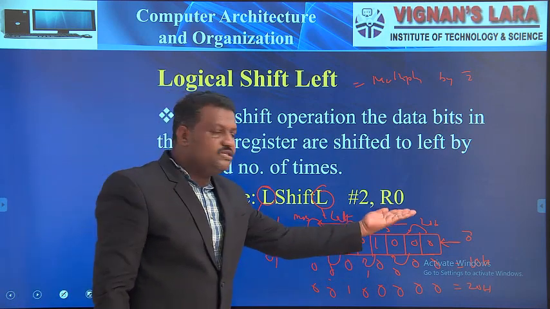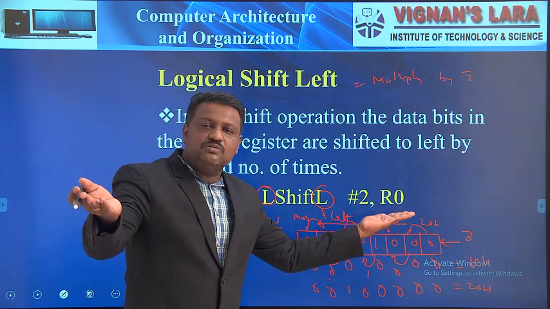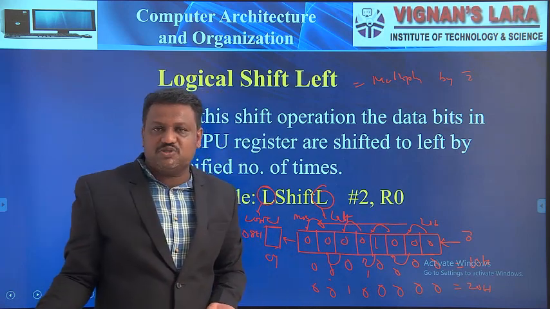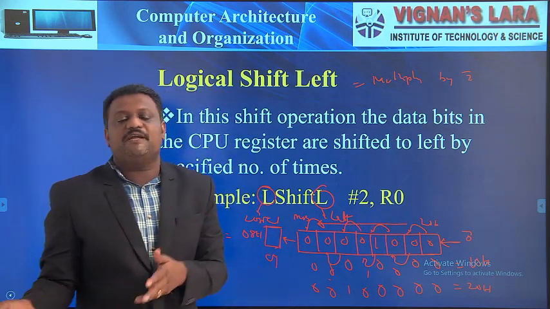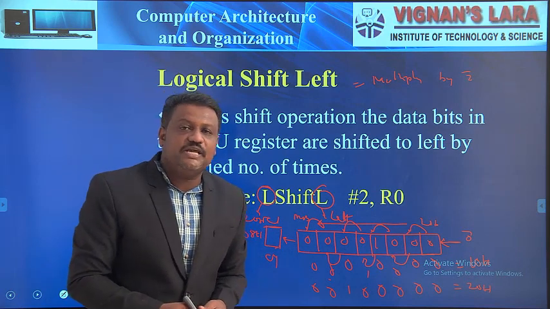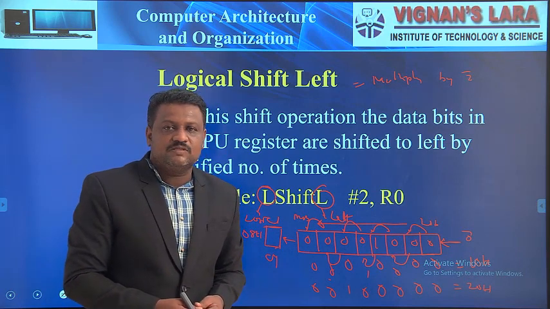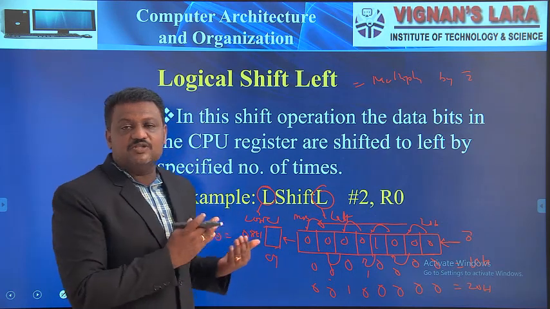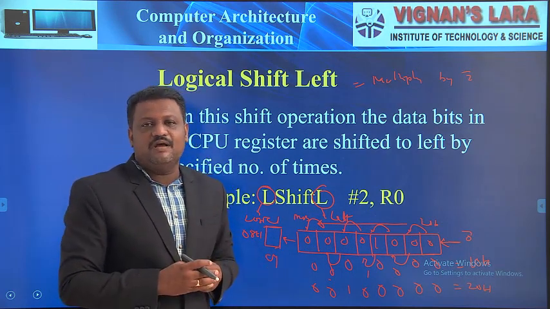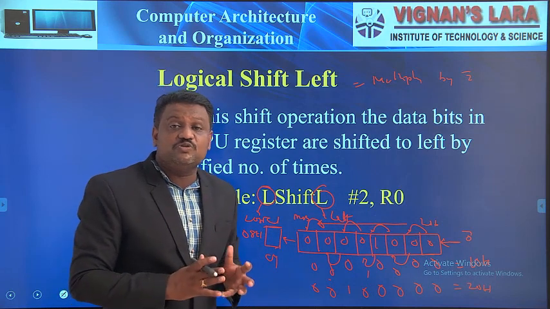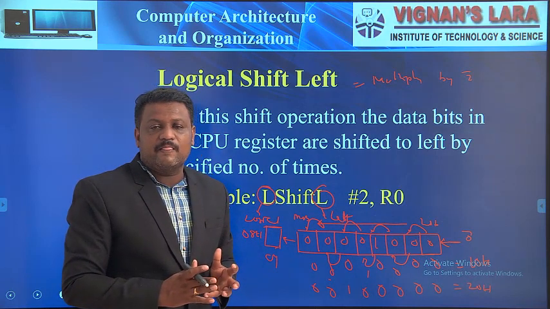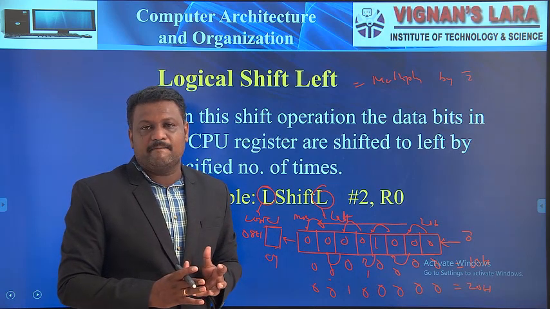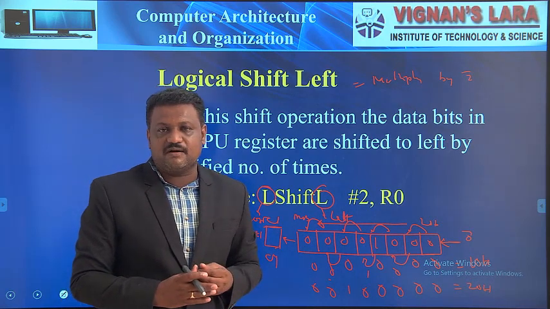Because initially 08H, that is 8, multiplied by 2 is 16 in decimal, which converted into hex is equal to 10H. Again 10H multiplied by 2, the result is equal to 20H. So based on this logic, logical shift left is used to do multiplication and logical shift right is used to do division. I hope you understand what the logical shifts are.